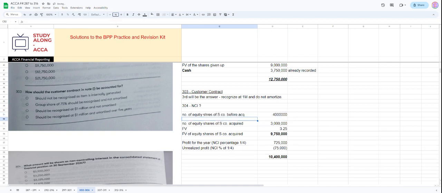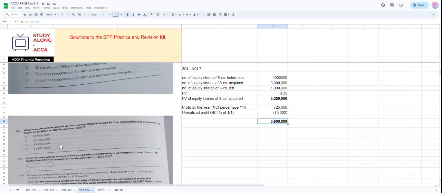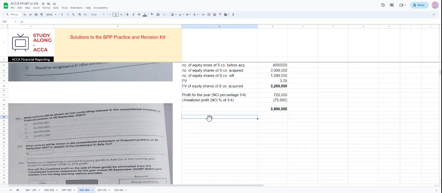And number of shares they acquired is 3 million, and then number of shares of S company left, how much they'll have left, is 1 million. Okay, and then we are going to multiply this 1 million with the fair value, because NCI is recorded at 3.4. Then they have this share of profit, and then they have this unrealized profit. So 3.9 million. This will be the answer. Sorry about that. Let's do 305 now.